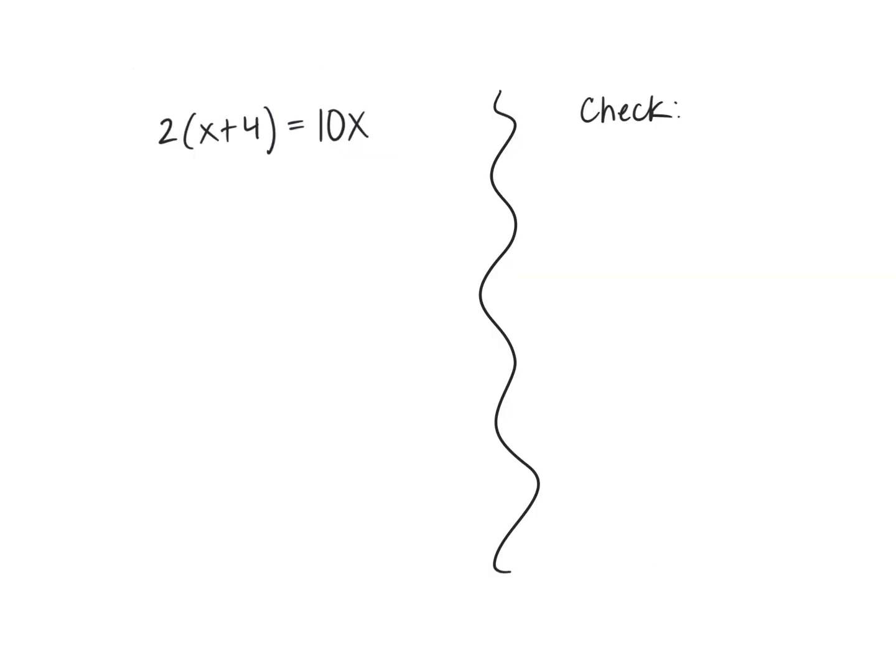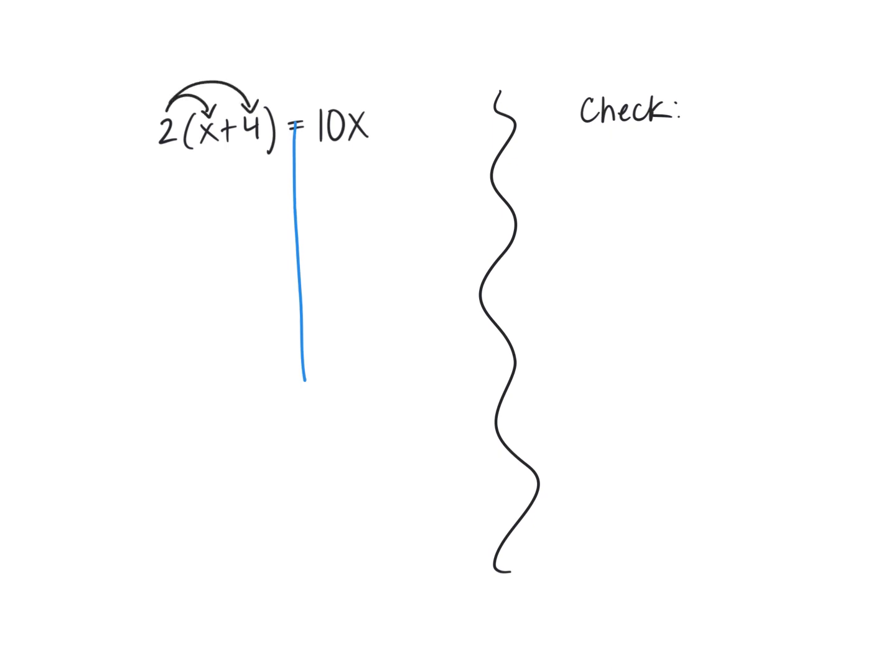So let's try another one. Again, this can be in the back of your notebook, unless you feel like this is one you want in the front. First thing I need to do is always look and see if I can simplify. Well, I do see I can simplify, so I'm going to distribute the 2 to both sides.